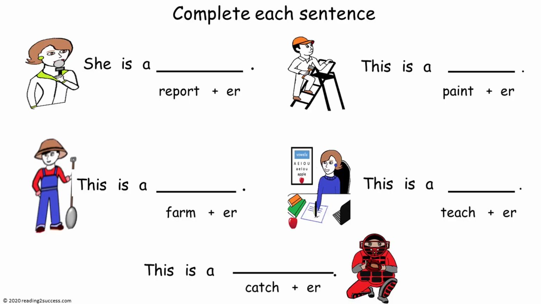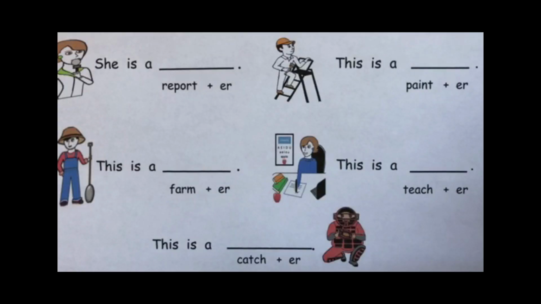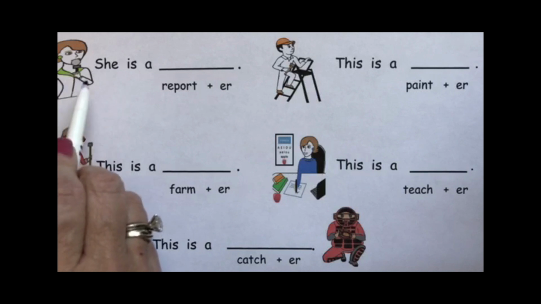This is the template for the guided activity that kids will complete. In this activity, have kids complete each sentence and remind them when they add er, that means someone who does something. So let's look at our first picture.